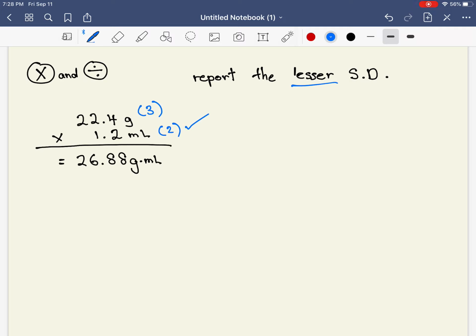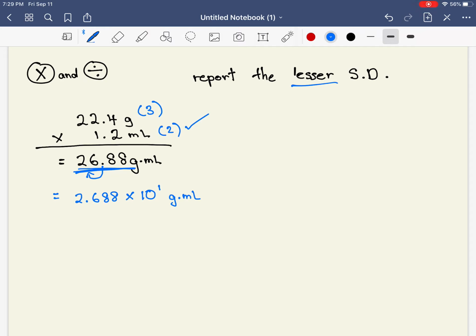2 significant digits. So somehow I'm going to have to turn this number into 2 significant digits. So do you remember how? That's right. Scientific notation. I'm going to move this decimal over here to make it 2.688 times 10 to the power, well, I moved it 1 space to the left, so that will be 1, grams per milliliter.